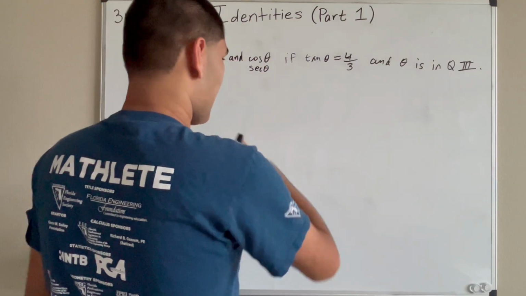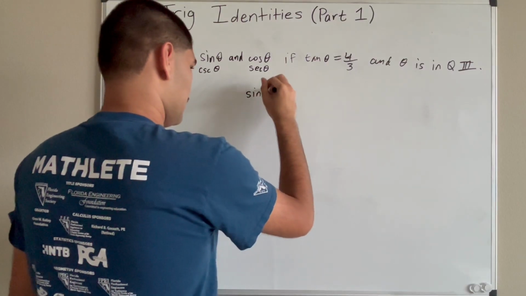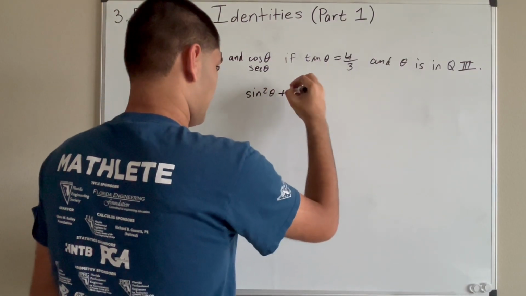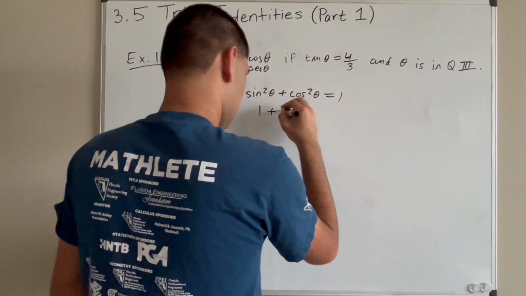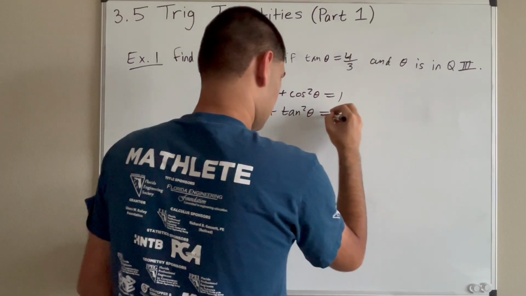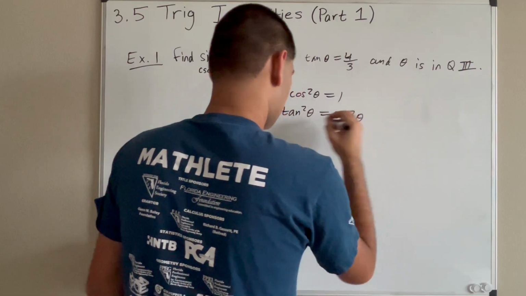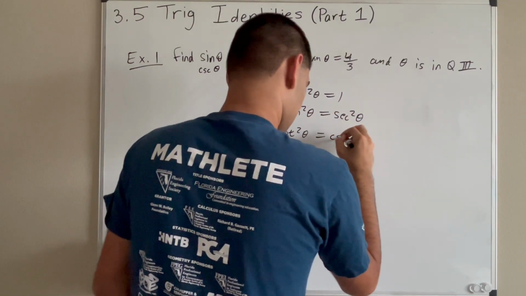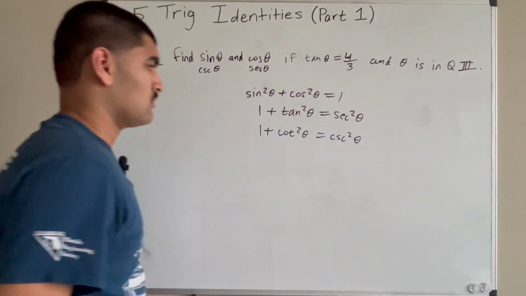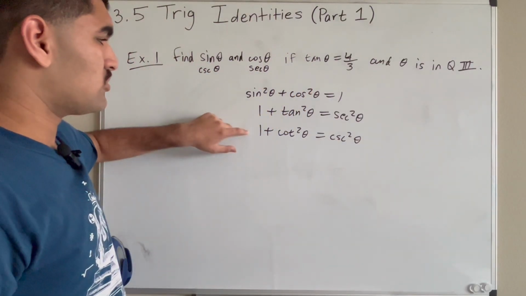And so let's write out our three Pythagorean identities. Okay, so these are the three trigonometric identities.